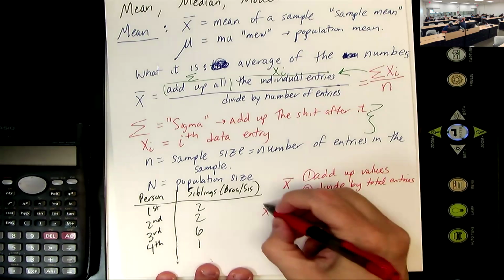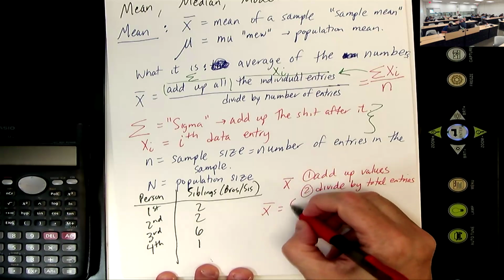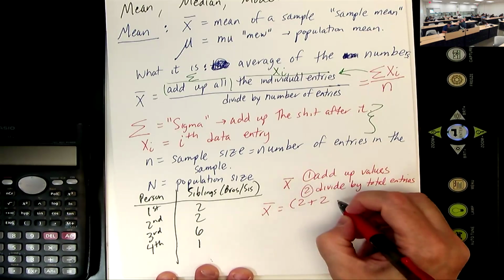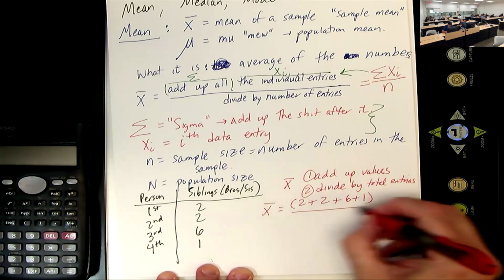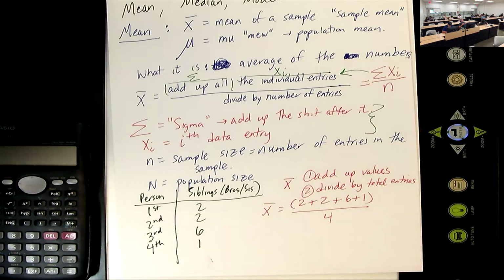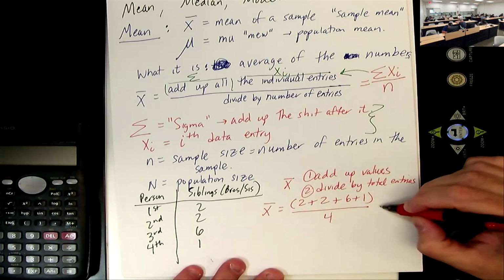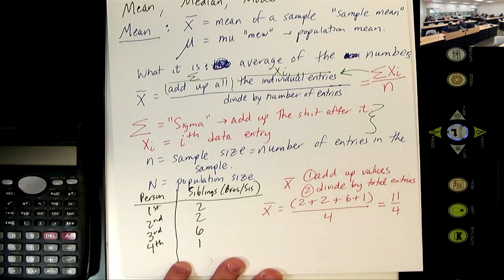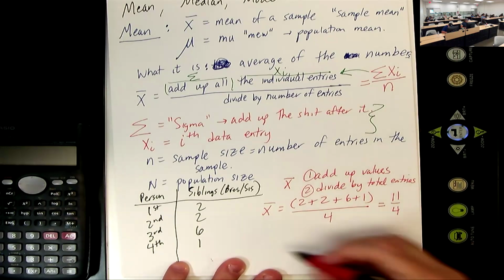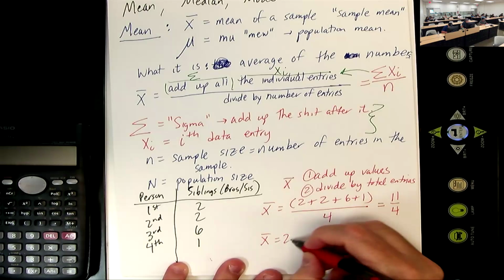Pictorially, I would be adding 2 plus 2 plus 6 plus 1, and then dividing by 4. This is 11 over 4, which is 2.75.